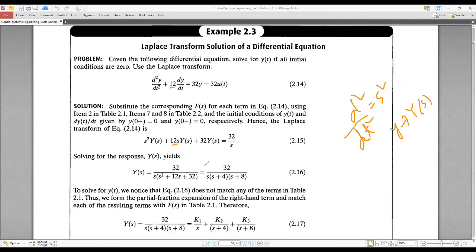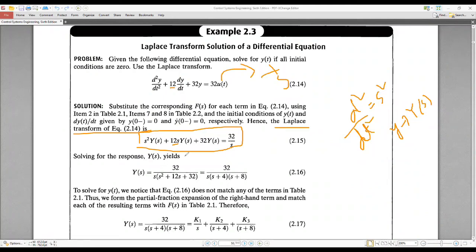Instead of d by dt we write s, instead of y we write Y(s), 32 Y(s), 32 u(t). So the Laplace transform of equation 2.14 is this one. Instead of u(t), we can write 1 by s. So that is the Laplace transform.